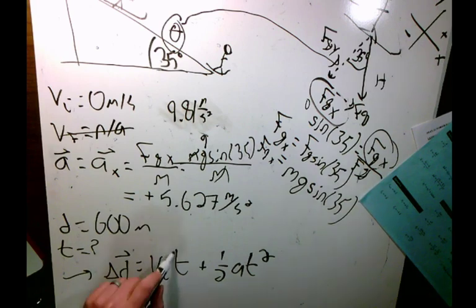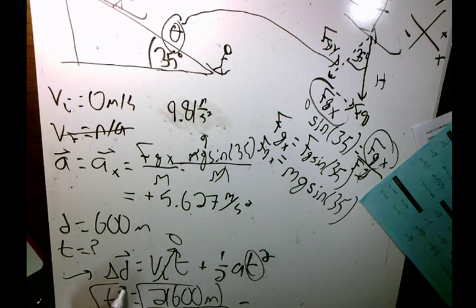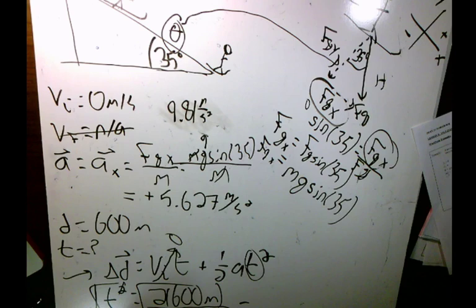Don't have to use quadratic because this is 0. I'm solving for time, so I'm going to multiply both sides by 2 and divide by acceleration. So I get time squared is equal to 2 times my displacement, which is 600 meters, divided by my acceleration, which I calculated as 5.627 meters per second squared. And I'm going to take the square root to find the time. And I will get 15 seconds.